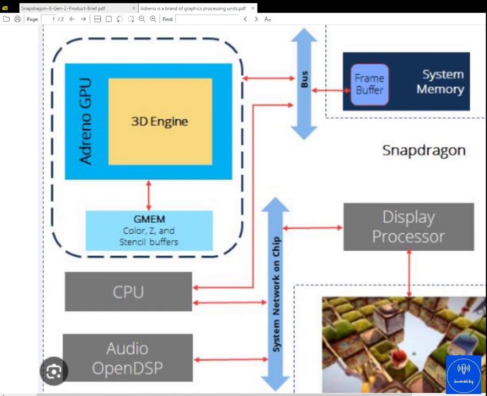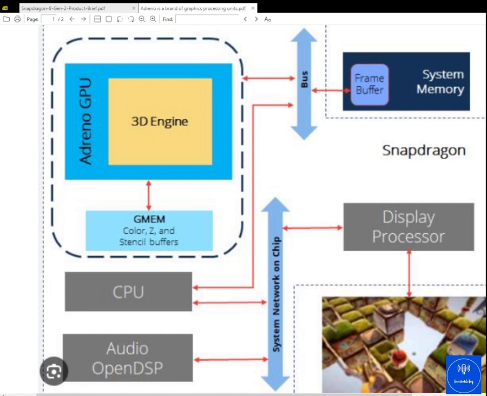Now, when we are looking at the requirements and what this GPU is able to deliver, there are many. It has even advanced API support, so it supports APIs such as OpenGL.